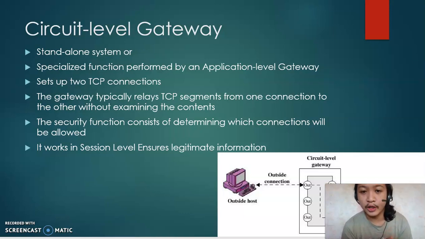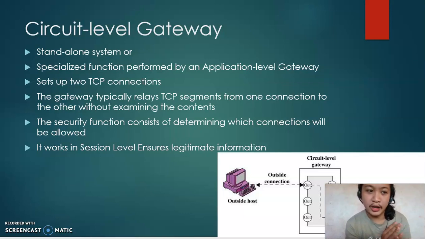The gateway typically relays TCP segments from one connection to the other without examining contents. One of the flaws in the circuit level gateway is that it does not examine contents, such as whether there are viruses, but it ensures the information coming from them is legitimate.